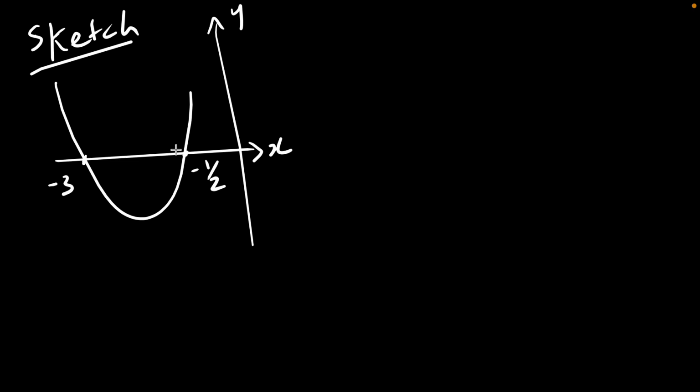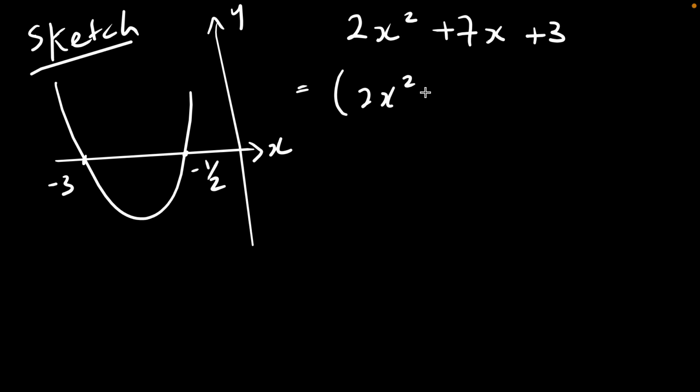Now, to complete the square, what was the original equation? It was 2x squared plus 7x plus 3, right? Cool. Let's separate our terms in x. We're going to go 2x squared plus 7x, plus 3. And then we're going to make this a perfect square, but to make it a perfect square, the coefficient here has to be 1.